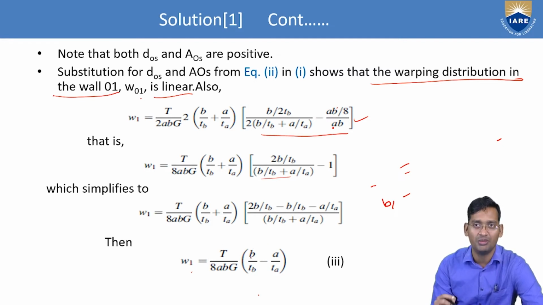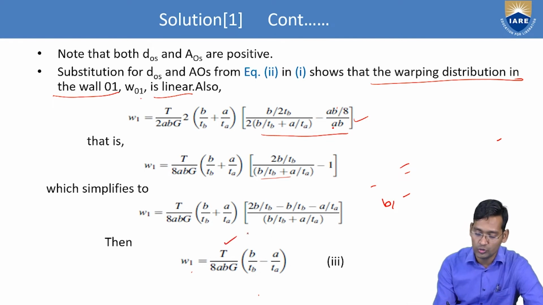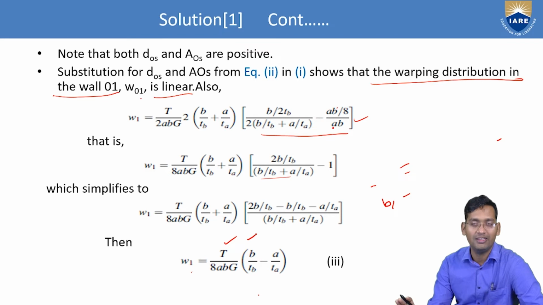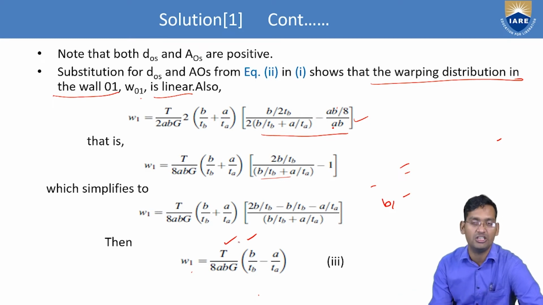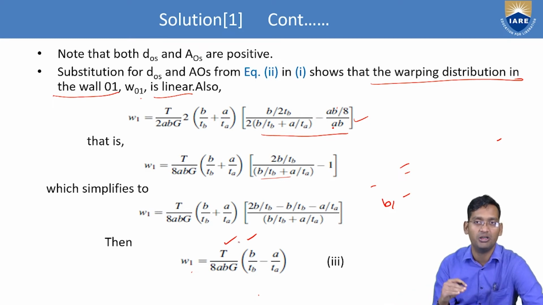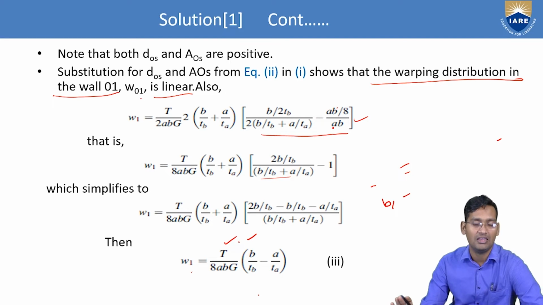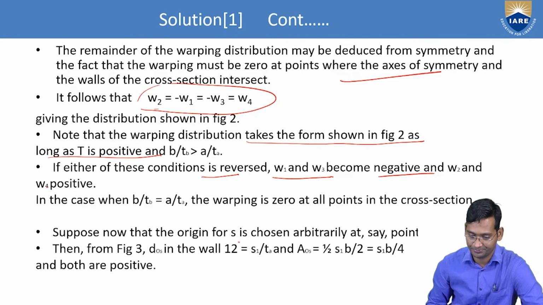If B by TB becomes less than A by TB, then this value will also be negative. If these two conditions are satisfied, W1 will be positive, W4 will be positive, and W2 and W3 will be negative. But if either T becomes negative or B by TB is less than A by TB, then just the opposite: W1 will be negative, W4 will be negative, and W2 and W3 will be positive.